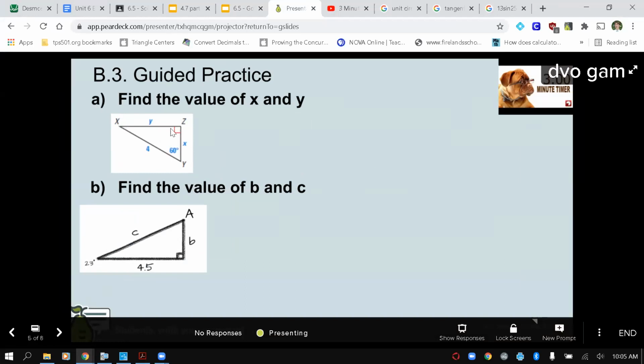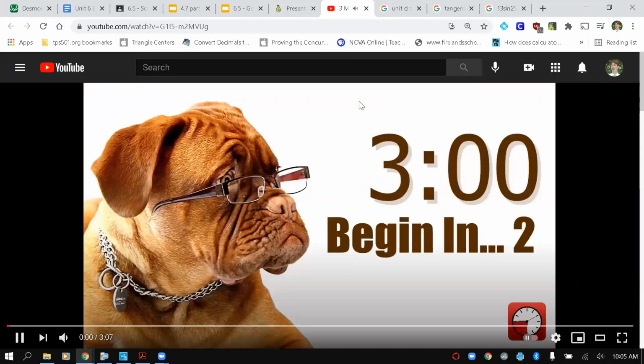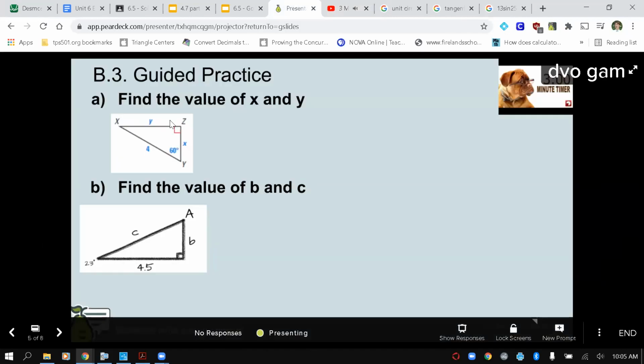Find the value of x and y for this right triangle. Again, using the trigonometric steps that we've been doing so far. And then we'll go over how to do that problem. And then I'll give you 3 minutes to try B. And then we'll go over that one. So there's 3 minutes right now. Try to find the value of x and y using your trigonometric formulas.